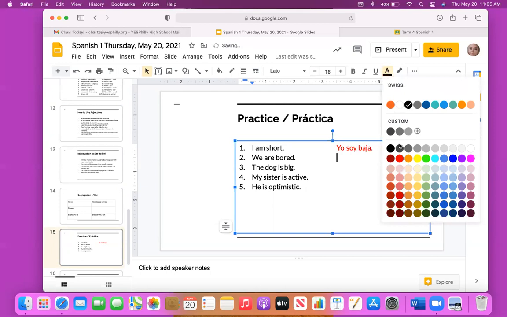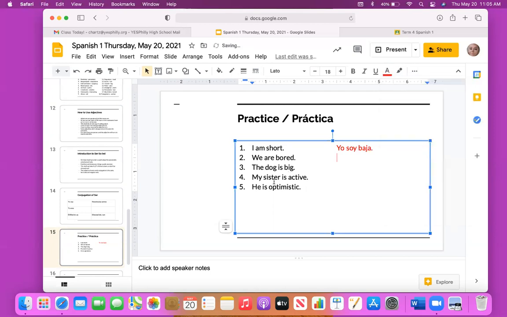So for the next one, we have we are bored. So that's like right now, we're bored. So we're going to use the word for we, right? And then remember, we're going to use estar because it's not a permanent thing. Right now we're bored. That's an emotion.